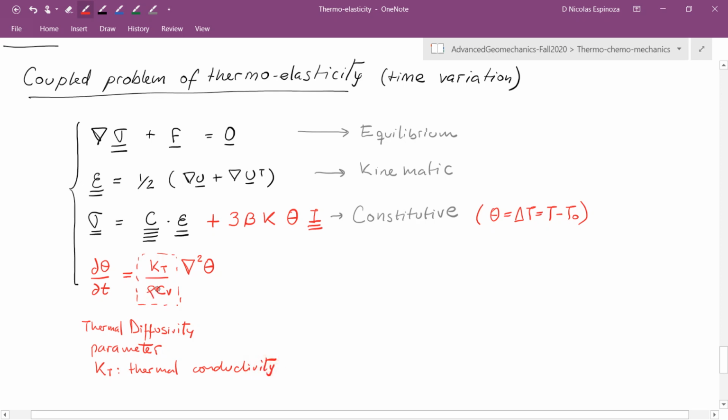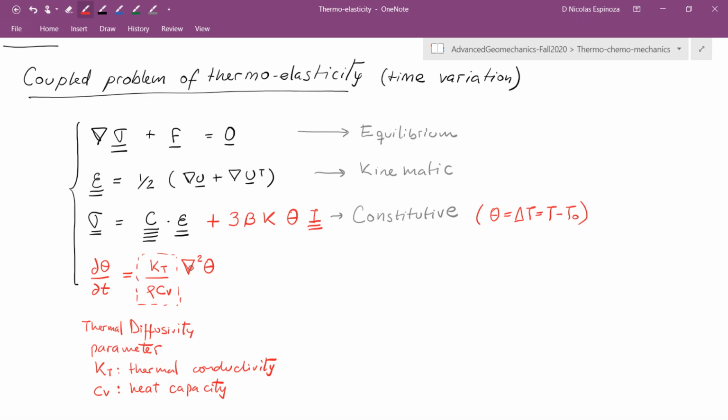The ρ is density as we have seen before, and Cv is the heat capacity at constant volume. And these are thermal properties of the solid. Only this will tell you and will allow you to solve the heat equation, also known as the Fourier equation.